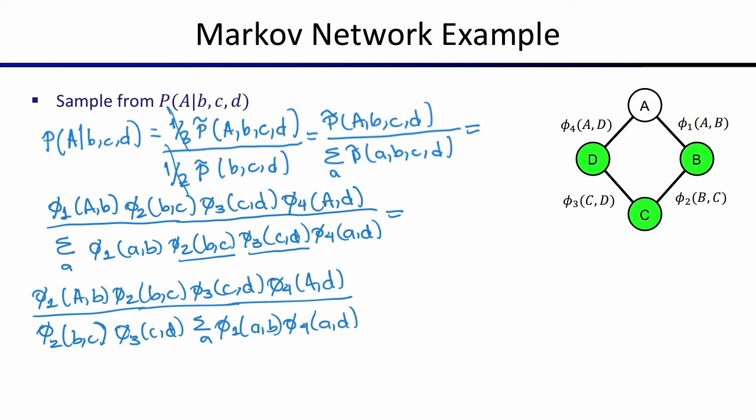Good. We can cancel these factors, and what remains is phi1 AB, phi4 AD over a normalizing constant that is over the same factors.